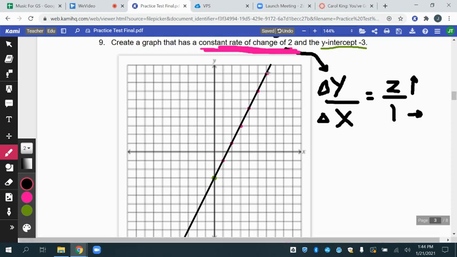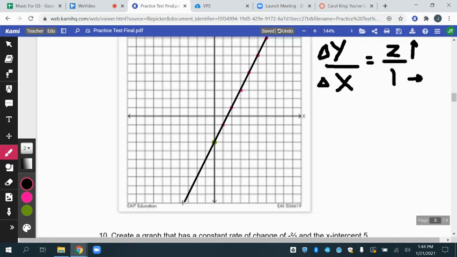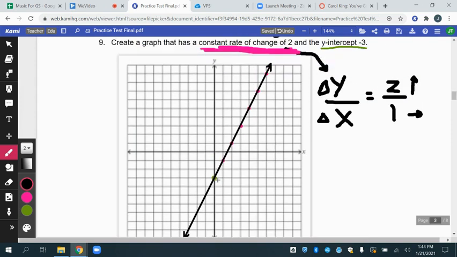And there we go. There's our line. It crosses at -3 and goes 2 up for every 1 it goes over.